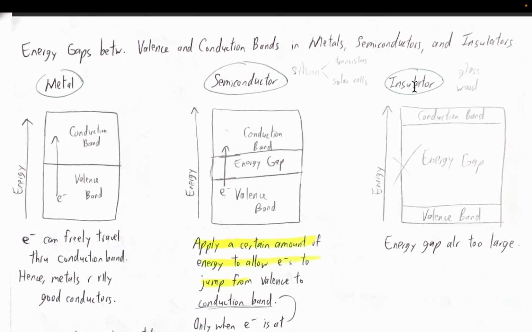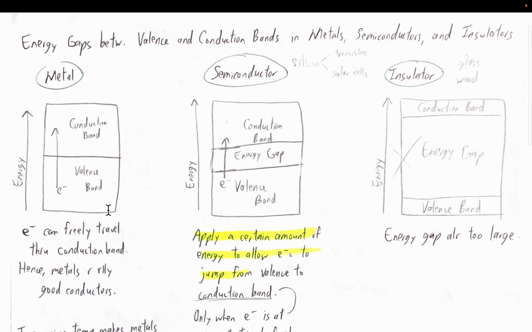Energy gaps between valence and conduction bands in metals, semiconductors, and insulators. So, in a metal, this is what the illustration looks like. The conduction band is here, the valence band there. That's standard: conduction band where energy is higher, valence band where you start.